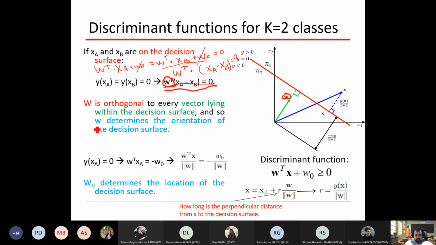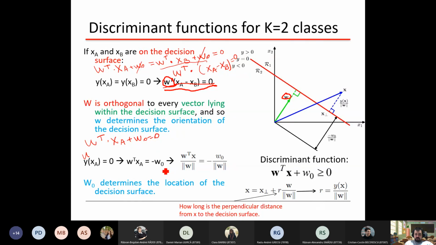W transposed multiplied by xa plus W0 equals to 0.